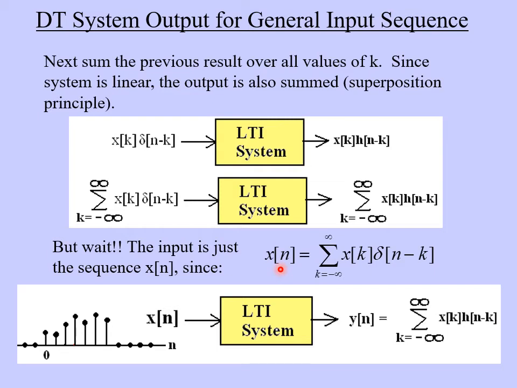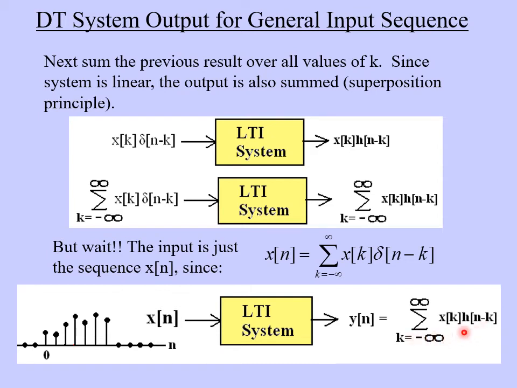So what this means is that if we take any sequence x of n as our input sequence, it can be anything, we know the output is given by this, because all of the summation on the left is just x of n. This is what we're looking for, the output of the system. This is our output sequence, y of n, and it's given by the sum over all k of x of k times h of n minus k.